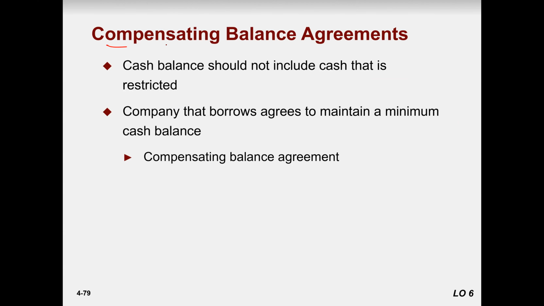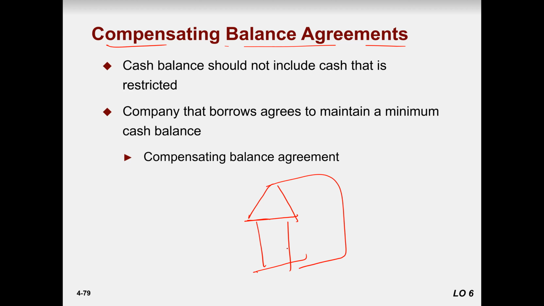Now, compensating balance agreement. Remember, when you open an account with the bank, our accounts are very small, but companies' accounts are in millions. So the bank can ask you for a compensating balance.